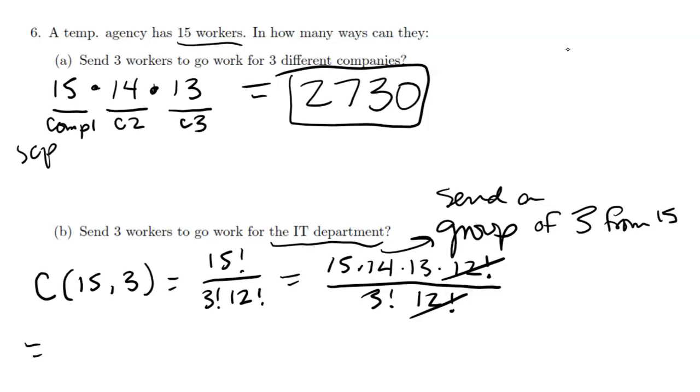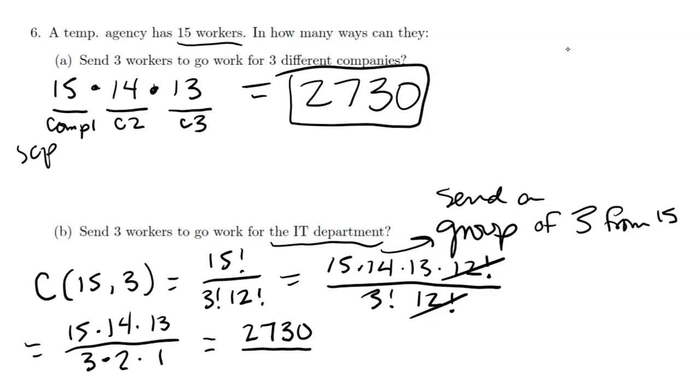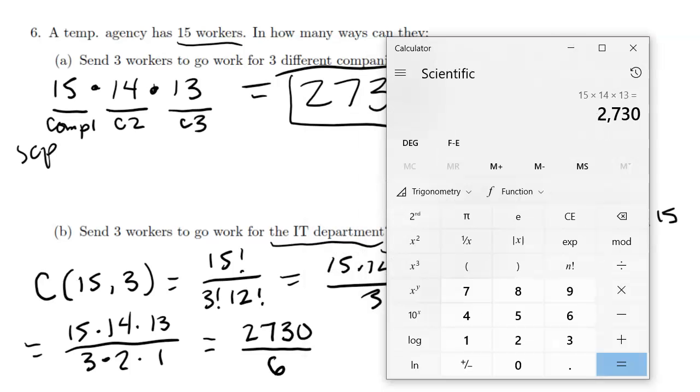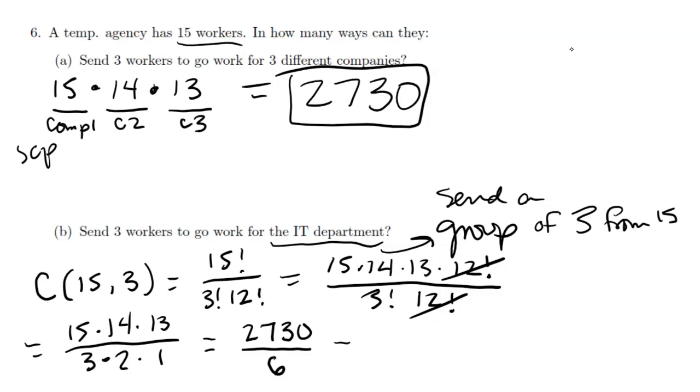Cancel those 12 factorials, we're left with 15 times 14 times 13 over 3 times 2 times 1. 15 times 14 times 13, we could do it in the calculator again, or we could recognize it as being the number from above, which was 2,730. And then 3 times 2 times 1 is 6. So we're going to take that 2,730 and divide it by 6 to get 455.